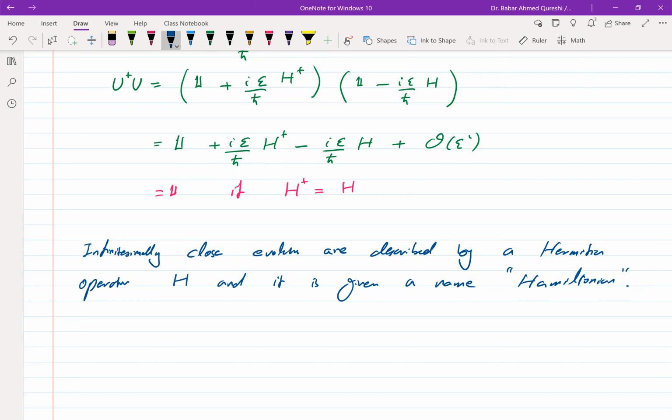If you are constructing a theory of something and trying different laws of evolution, you're basically picking different Hamiltonians. But you have to pick a Hermitian operator to do that.